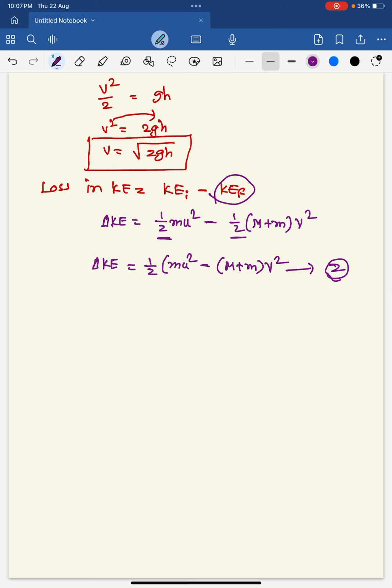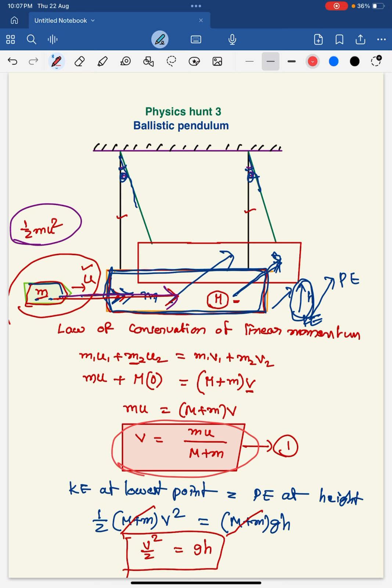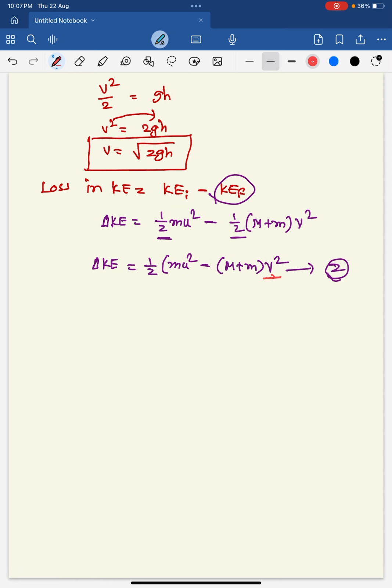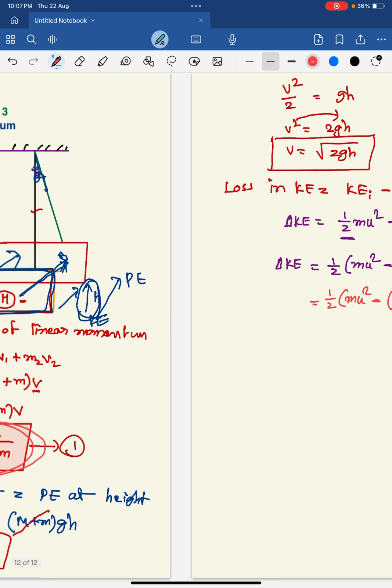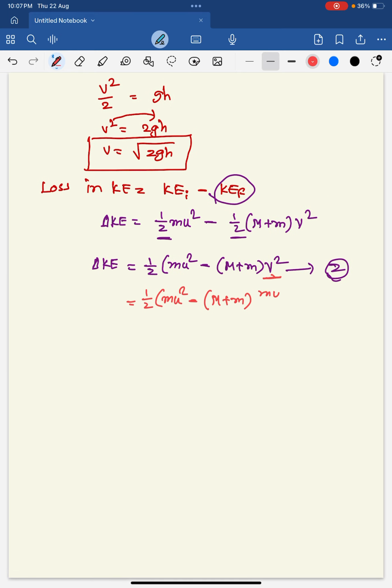Look at this equation 2 carefully. We have a v square term here, but we know the v formula. What is the v formula? Small mu by capital M plus small m, right? So I'm going to substitute here. Let's see the next step. Half mu square minus capital M plus small m into v value, which is small mu by capital M plus small m, whole square, because v square will be there, right?